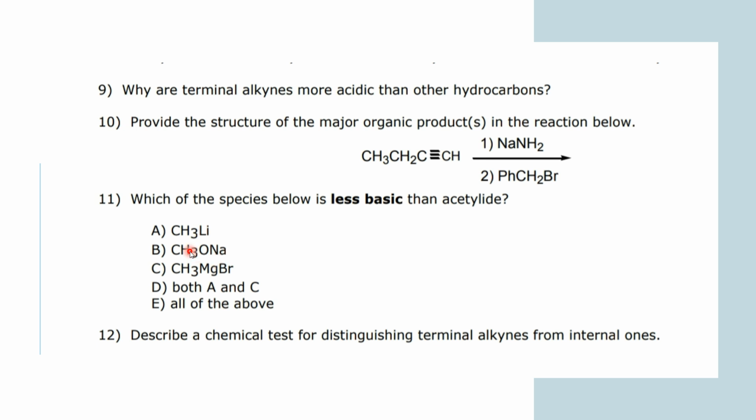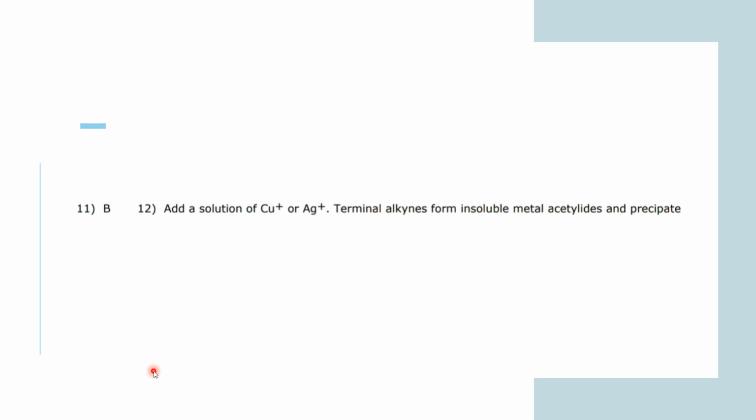Then let us move to the next question, which is a theoretical question. Describe a chemical test for distinguishing terminal alkynes from internal ones. To distinguish them, you can add a solution of cuprous or silver salts, and you will see that terminal alkynes form insoluble metal acetylides and precipitate.